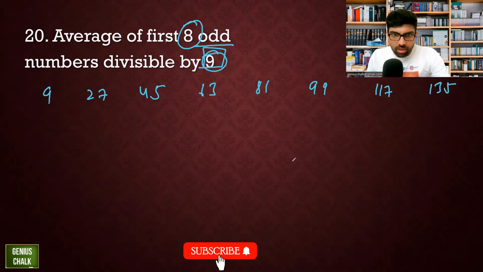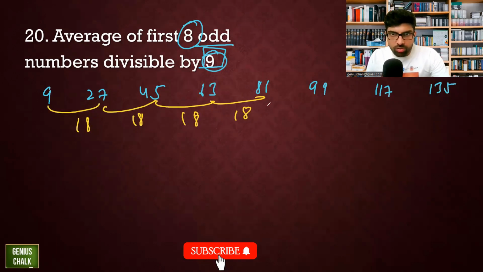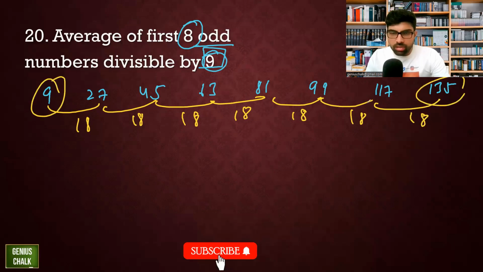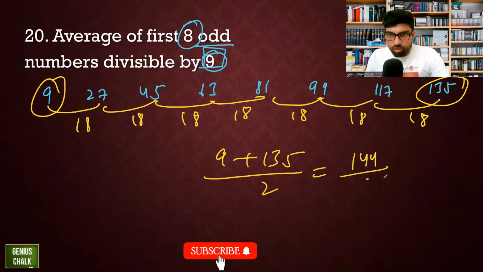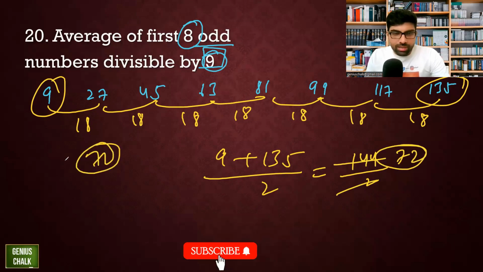Now you can see all these have the same difference, 18 every time, because we are leaving one number in between. So what is my answer? 9 plus 135 by 2. So 144 by 2, that is 72. 72 is my average.